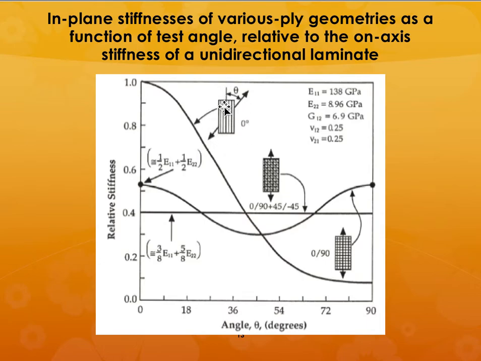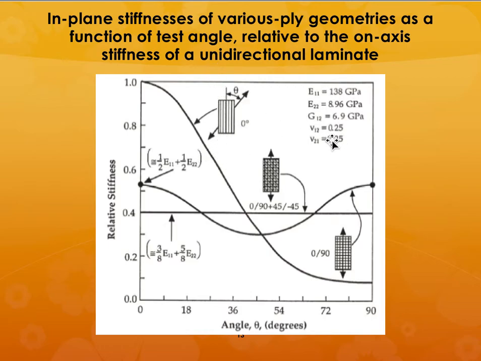So if you had the fibers all in the 0 direction only, E11 is 138 gigapascals, so it's very high. But when you see the E22, you can see that it is only about 9 GPa, which is approximately about 15% of the normal direction.